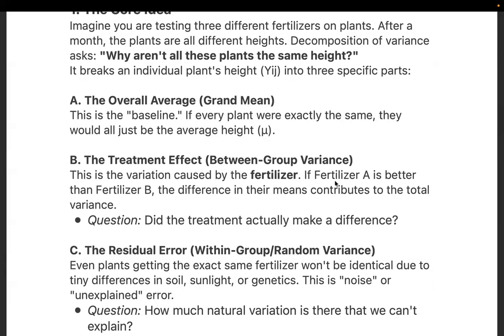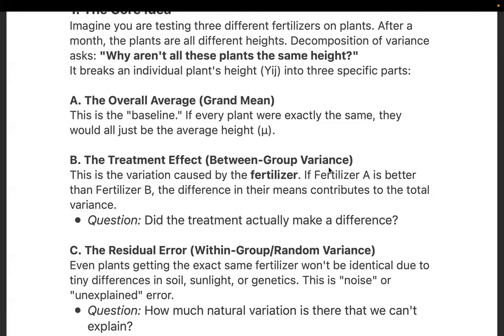If fertilizer A is better than fertilizer B, the difference in their means contributes to the total variance. So one of the constituent parts is maybe this fertilizer that's causing this variance.